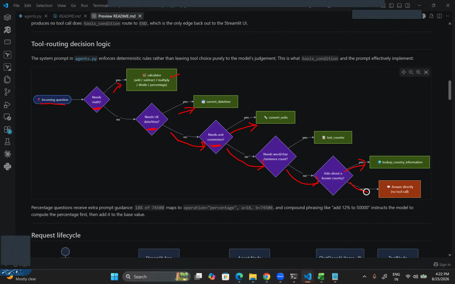If no, answer directly, which means no tool call. So this is the accurate picture of the behavior of the system prompt.